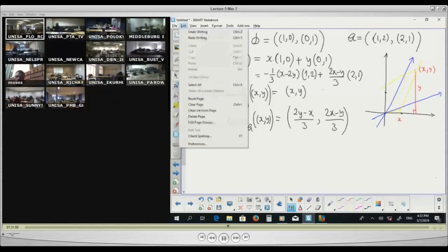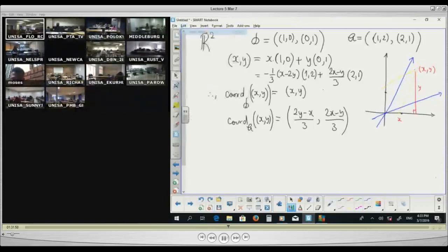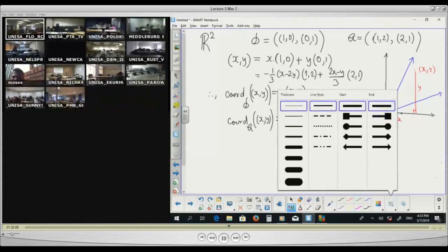So how do you get hold of the coordinates in this case? Well, you cannot see yellow, so I hope you'll be able to see this one. Okay. So, you first draw a line parallel to this, and a line which is parallel to the other one.